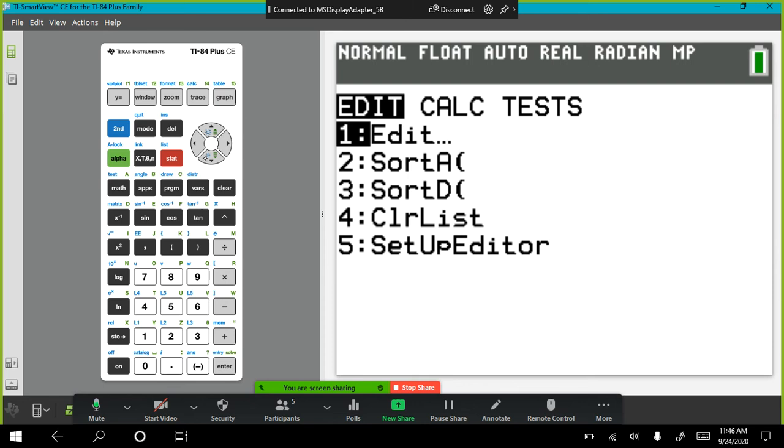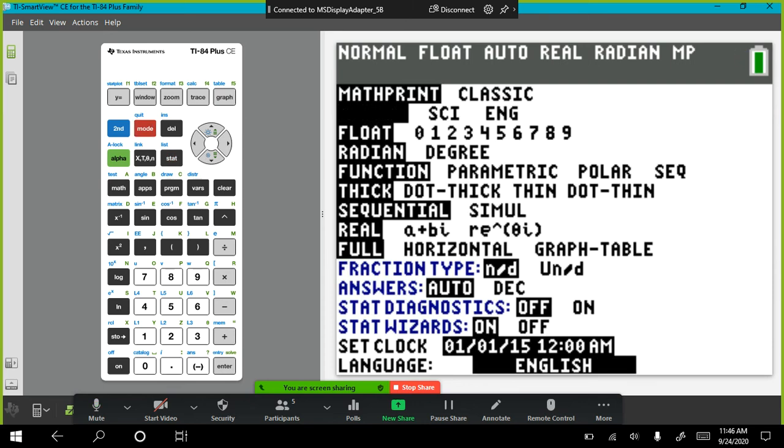For some reason, this calculator is not set up correctly. All right, let's see if that maybe does it.